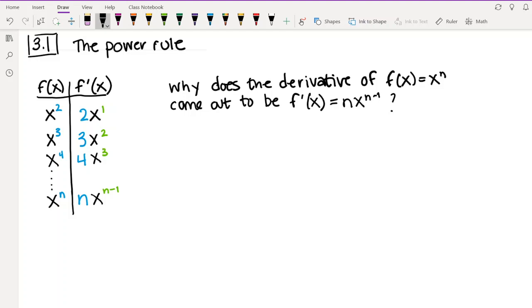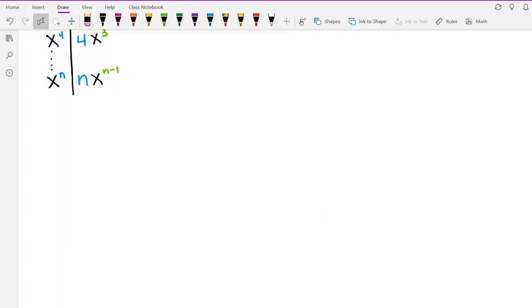So for example, if we're doing f of x is equal to x squared, we know that the derivative will look like this.